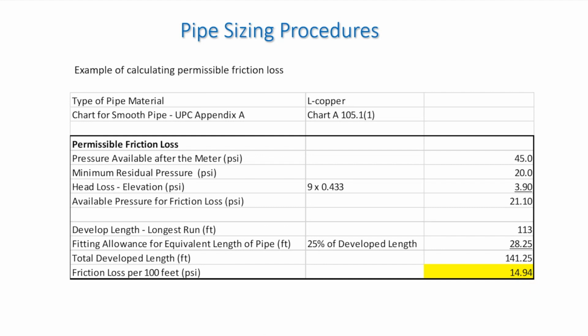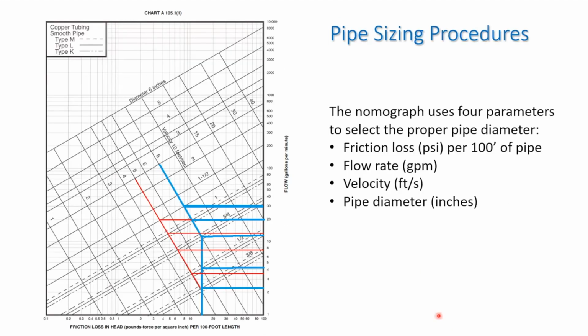You take this information, and this is the nomograph that each plumbing code publishes. There are a number of these nomographs depending on the pipe material being used. This is just one example, copper tubing types M, L, and K. In this nomograph, you have the friction loss per 100 feet of pipe on the x-axis. You have your flow rate.